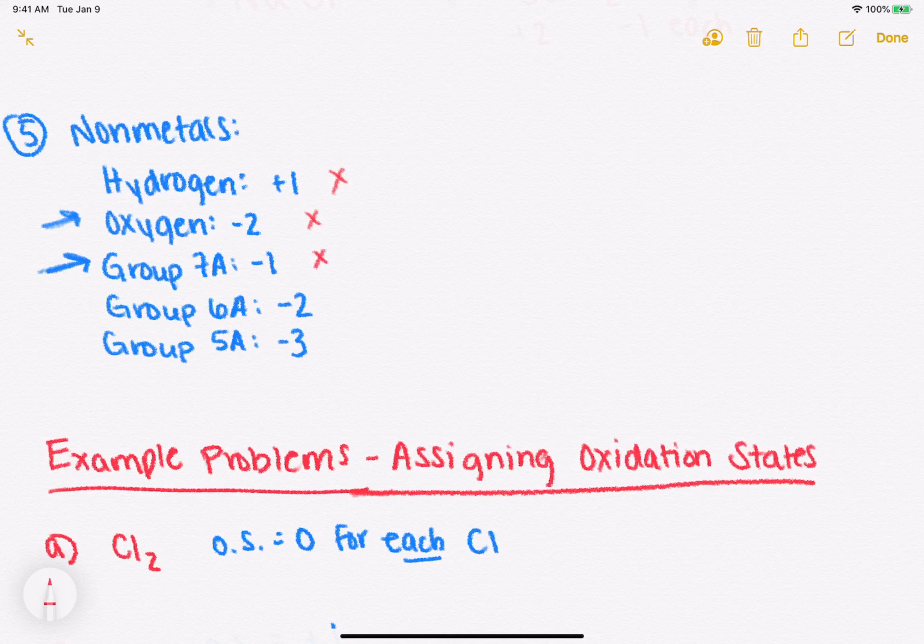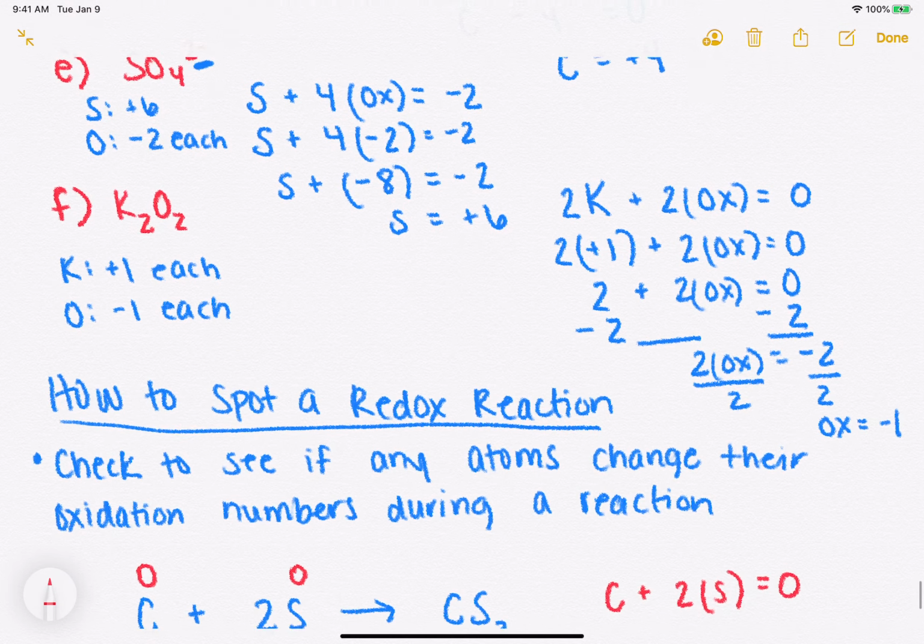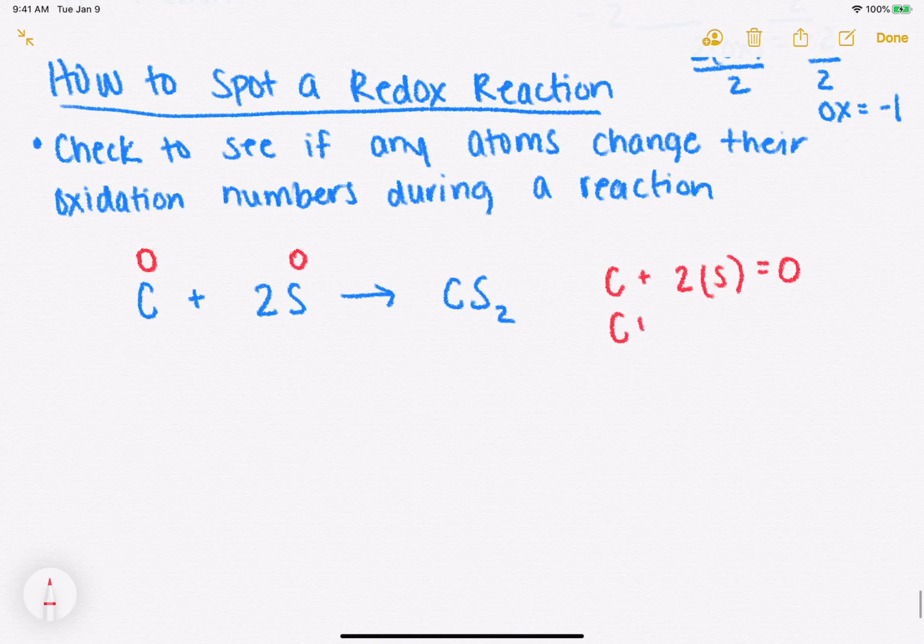We do not have anything from group 7A. But we do indeed have sulfur, which is from group 6A. So that means that we have a -2 oxidation state for each sulfur, which means that our oxidation state of carbon is +4, and our oxidation state of sulfur is -2 for each one.